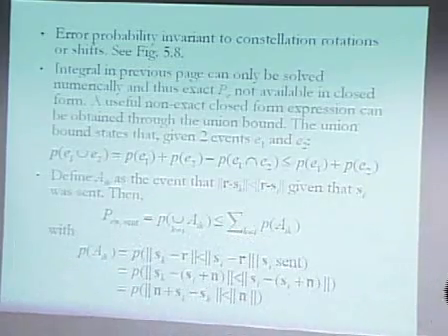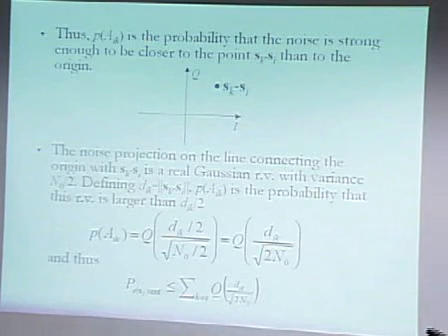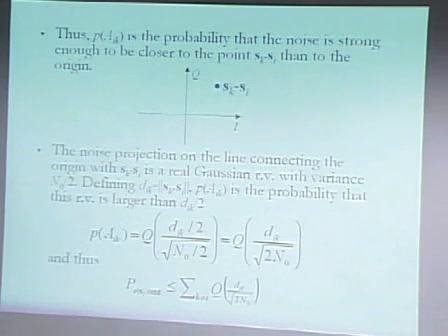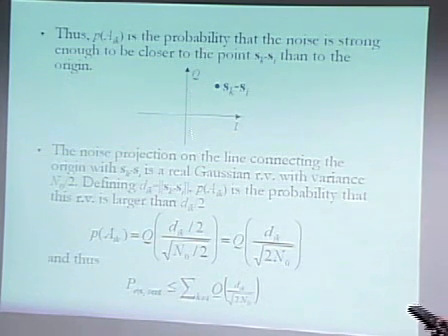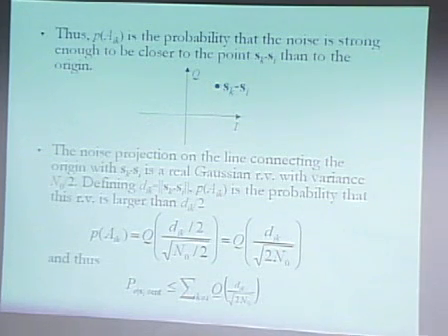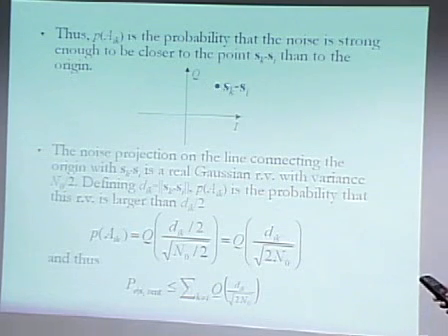So that's what I express here in English. This piece of P of A sub ik is the probability that the noise is closer to the point sk minus si than to the origin. Okay, so imagine this is the IQ plane. This is the point sk minus si. Remember, we sent si, we actually decided for sk. This is the difference. And the noise is closer to this point than to the origin. Okay?